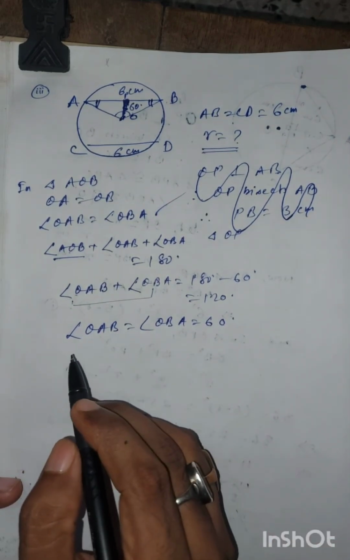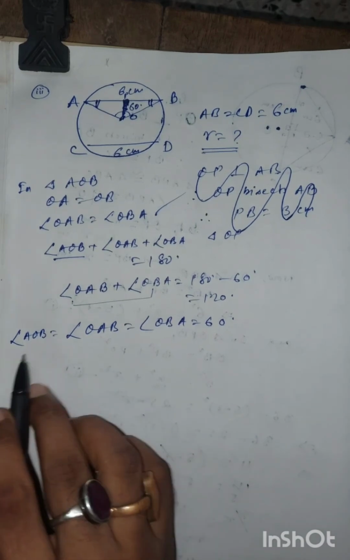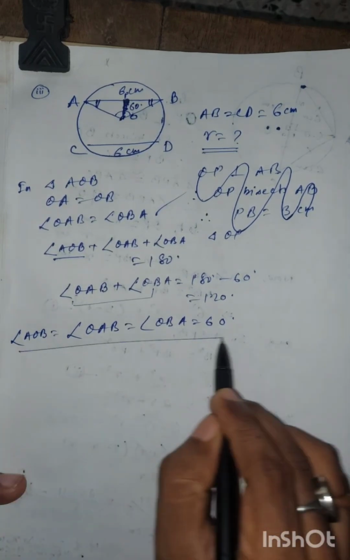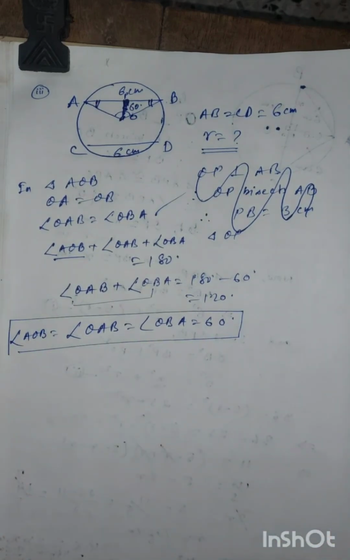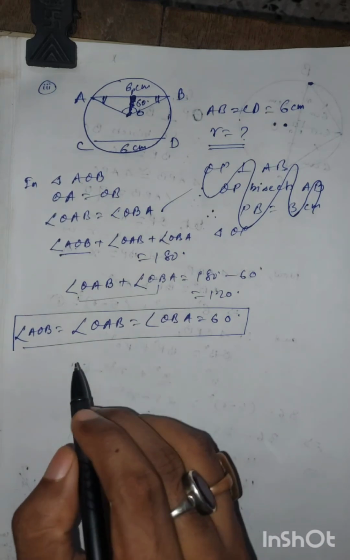Therefore we observe that AOB equal to OAB equal to OBA, which are all 60 degree. So the triangle is equilateral triangle.